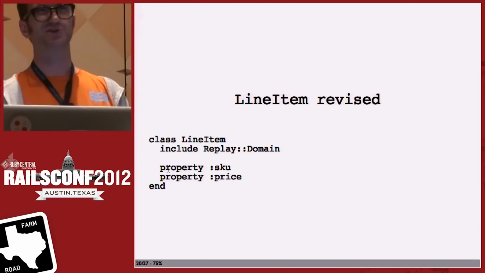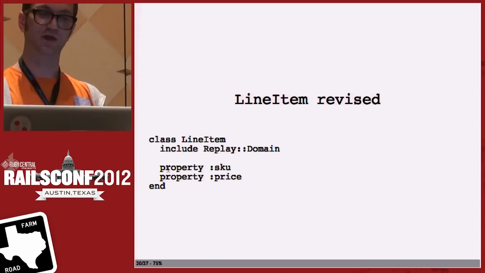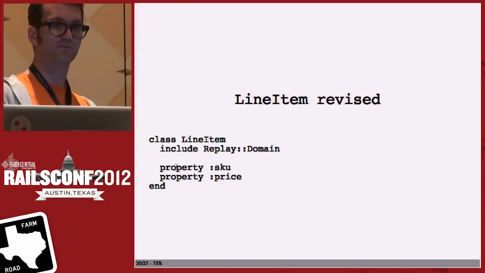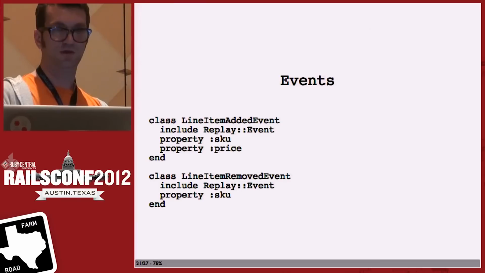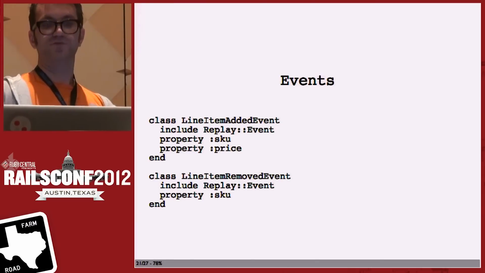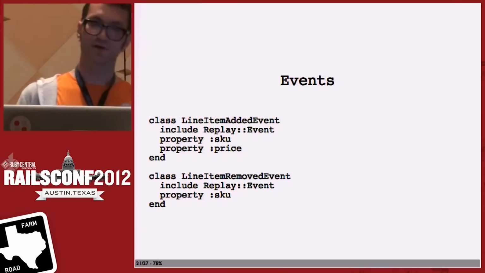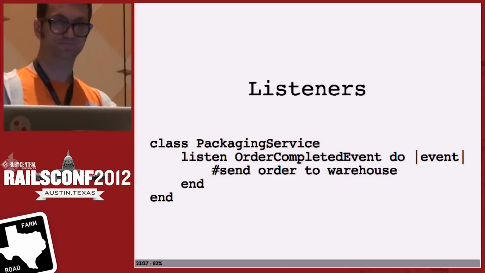This actually uses a gem called ActiveAttr, I believe. It came out a month or two ago, and that lets me serialize these domain objects into JSON really easily. And so our events are also going to end up being ActiveModel objects. They similarly have properties that we can define on there.